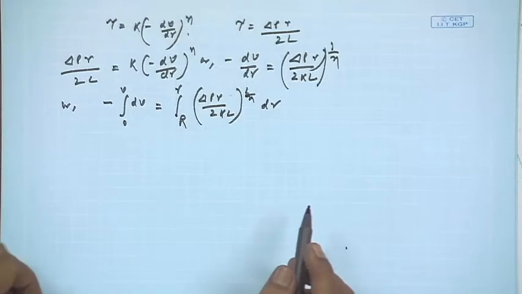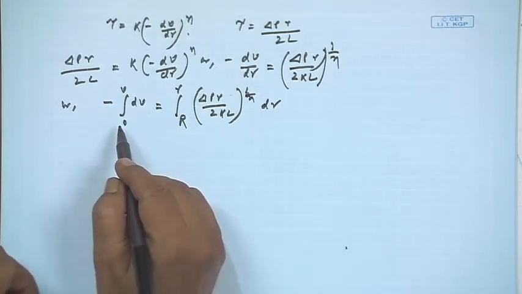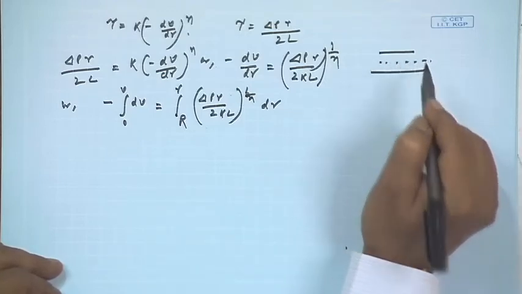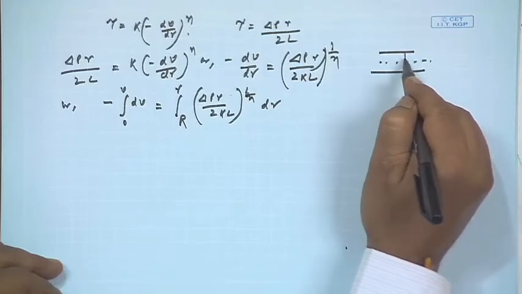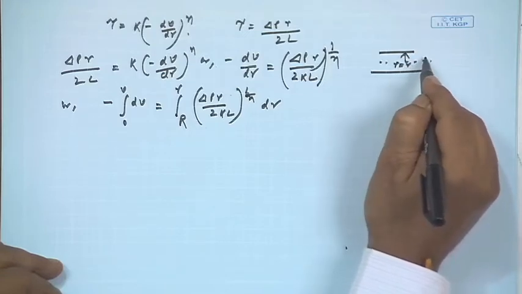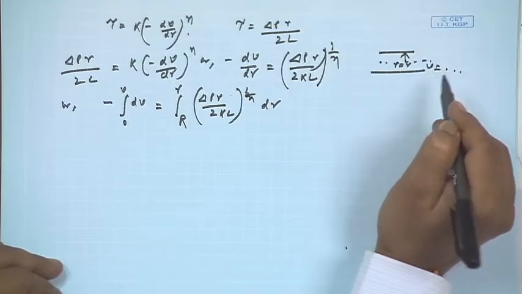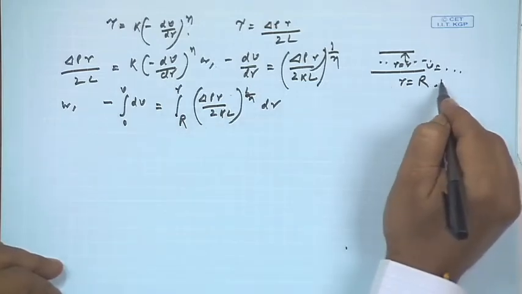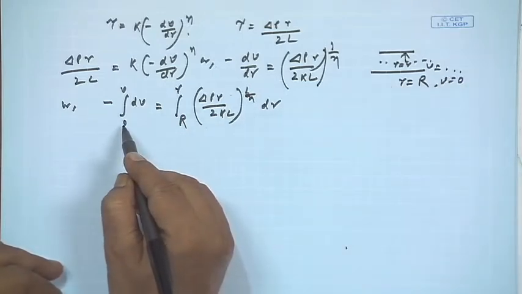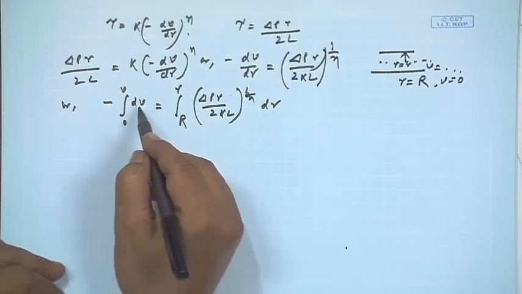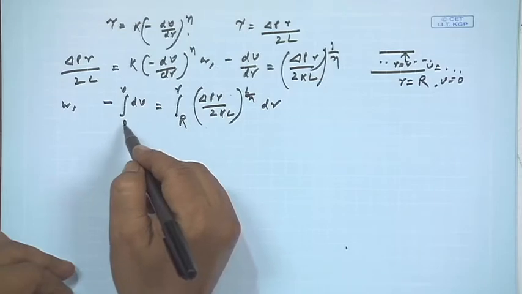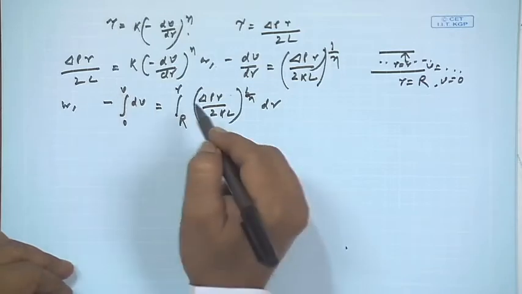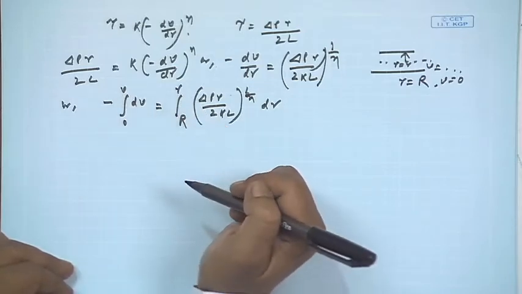This is because we know that at r equal to small r, V is equal to some value, whereas at r equal to capital R, V becomes equal to 0. So that is why we have put this limit: velocity 0 corresponds to capital R, and velocity V corresponds to r equal to small r, right.